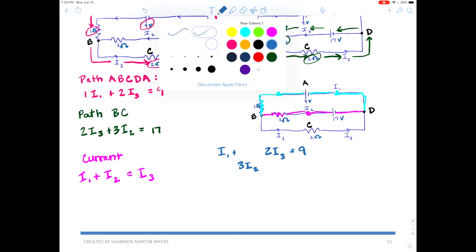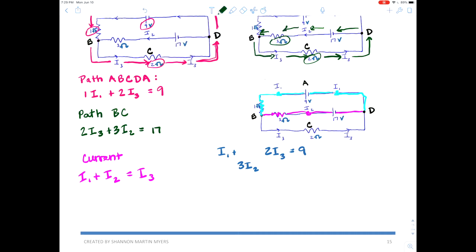Sorry, I didn't complete the path: this was path B, C, D, B, the second image we did.